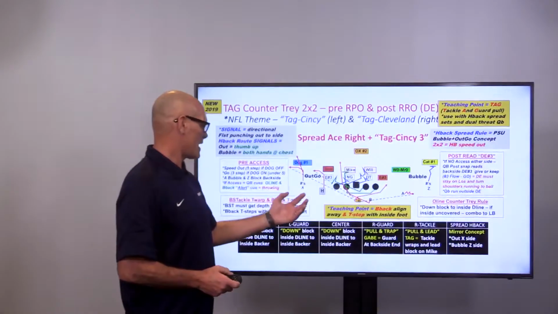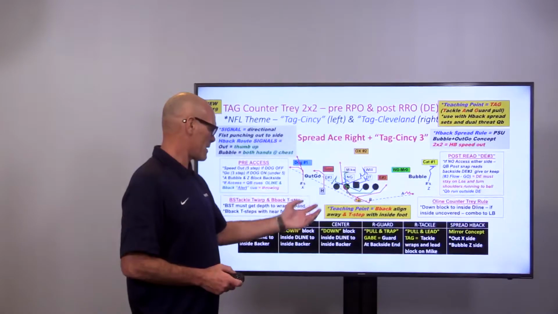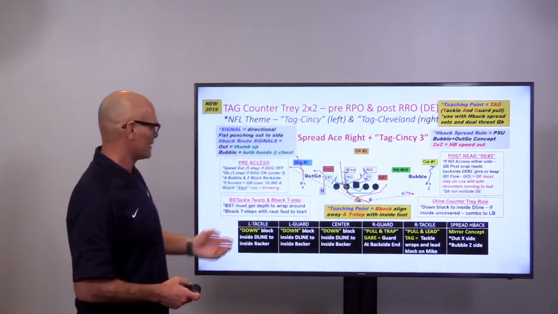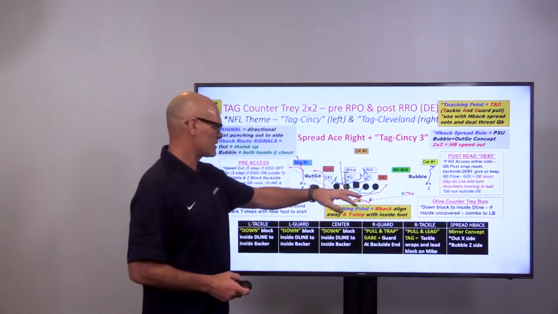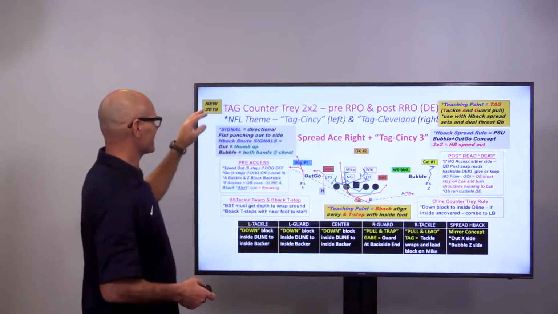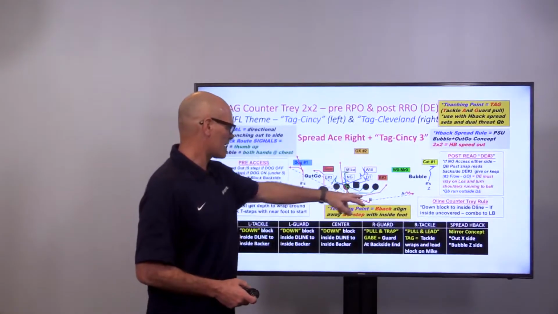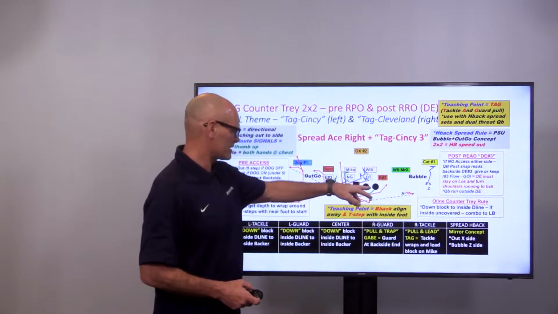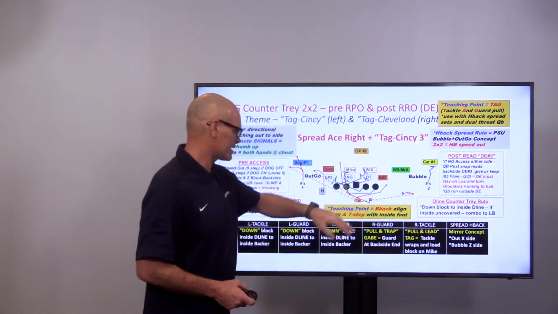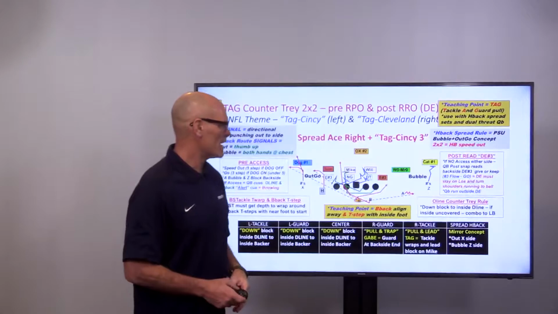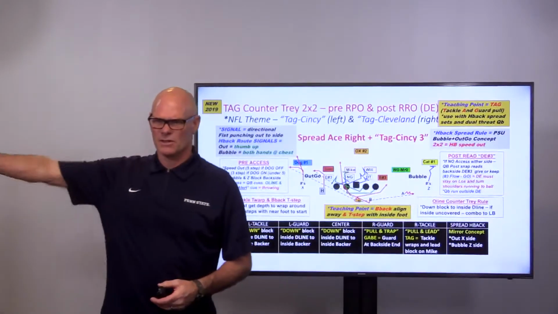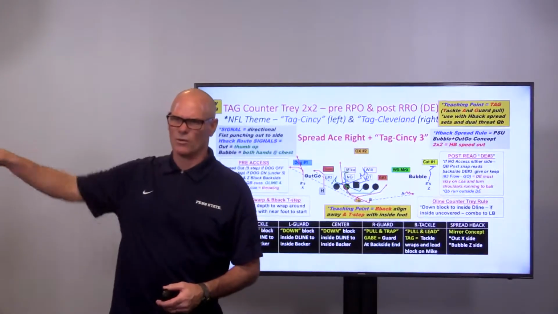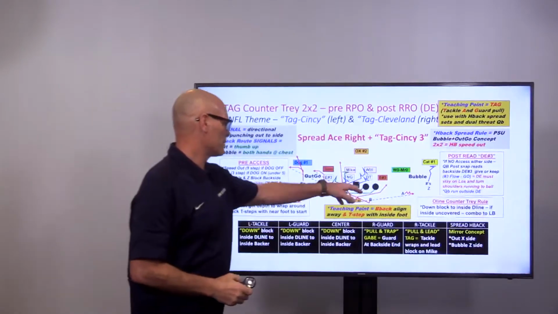If you're a team that doesn't really have a good blocking H-back or you want to detach that H quite a bit, you can run this same counter Trey scheme, but I call this a tag counter because now the tackle is going to replace the H, obviously, since he's not part of the box set. Okay? So all we do there is tag Cincy becomes, we're tagging, we're punching out with it. Now the tackle replaces him.